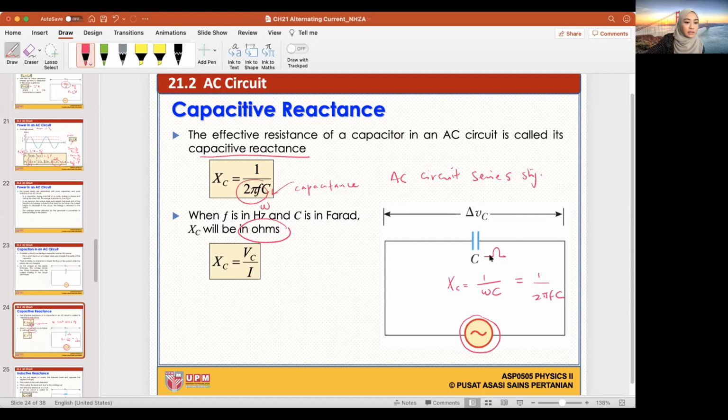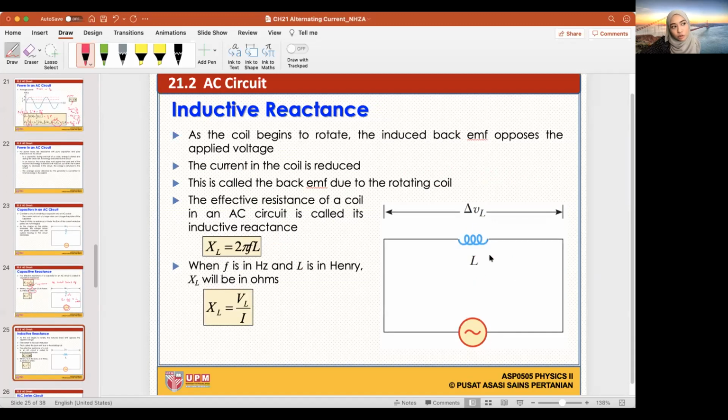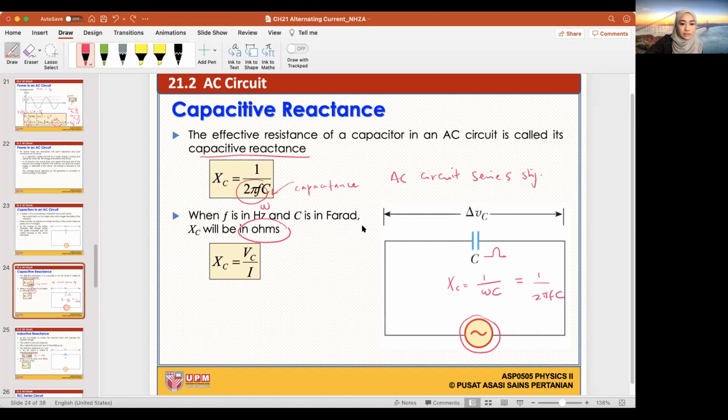So in an AC circuit, the inductor also does not behave normally like in a DC. So we have another equation. So this guy is XL, or it's called inductive reactance, omega L. Previously, we just talked about the value of inductors as L. Now we have to multiply omega with L. Tadi kita cakap pasal capacitor, the value is C. Now we have to multiply omega with C. Tapi untuk capacitor dia 1 over.